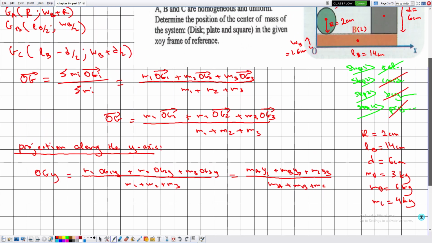Now referring back to the coordinates, we can directly replace. So let's keep the masses the same. y1 for the object A is given by WB plus R, plus MB times y2, which is WB divided by 2, plus MC times WB plus D over 2, all of these divided by the total mass of the system.